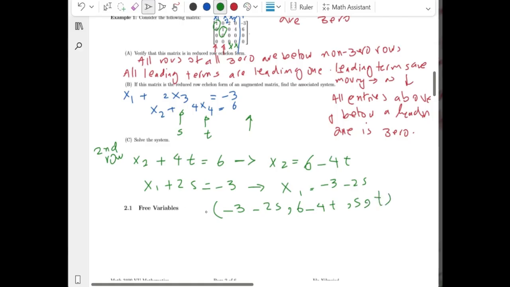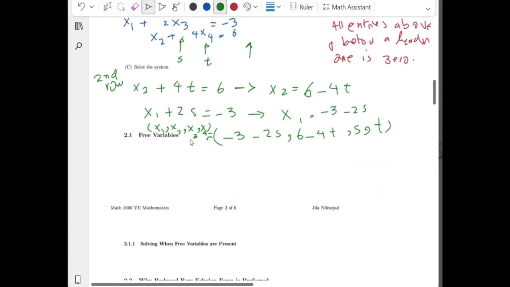And that is x1, x2, x3, and x4 equal to this. So that's the solution.